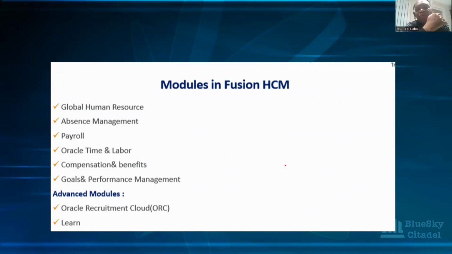Also, we have what is called OTL, which is Oracle Time and Labor. Oracle Time and Labor is all about you clocking in and clocking out. And also, Oracle Time and Labor is always linked to an absence as well. So Oracle Time and Labor, that means you going, you coming, basically you're always working Monday to Friday.